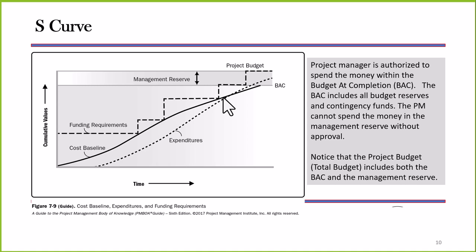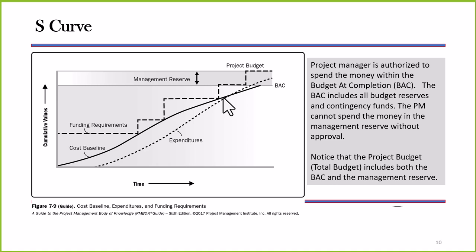However, again, you have to go to management to request additional funds and to be able to draw from that management reserve, which you don't want to do unless there's a bona fide addition to the project or for some reason that there's been a change made. Now think about it this way. That BAC is dynamic to a certain degree.